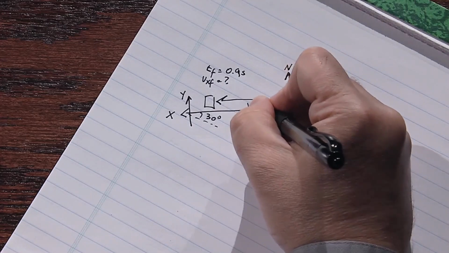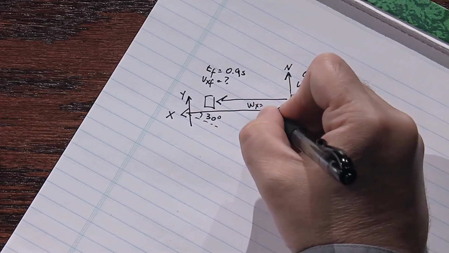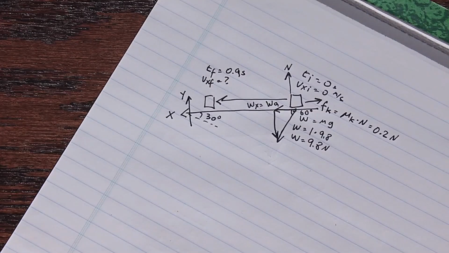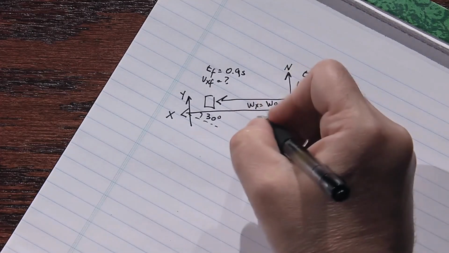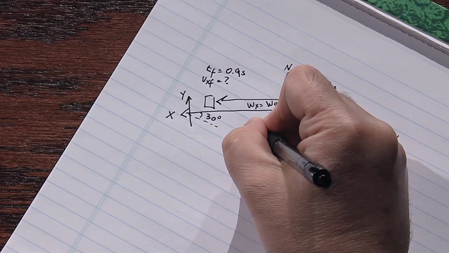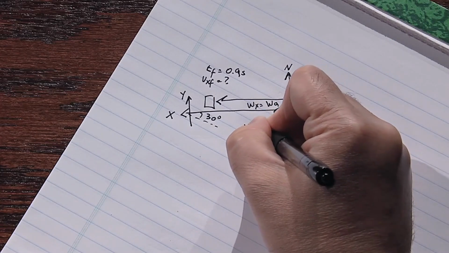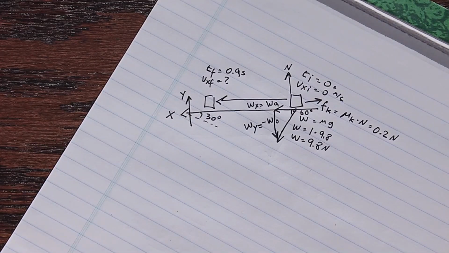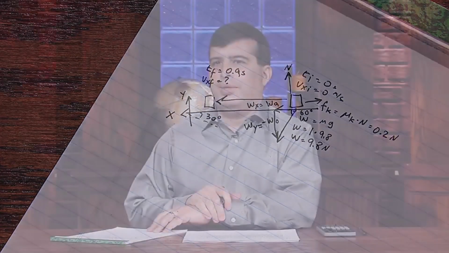We have weight in the x direction is equal to weight adjacent to the angle, and weight in the y direction would be minus weight opposite to our 60-degree angle. This is exactly the same as we did last time, except now that we've added in our kinetic friction force.